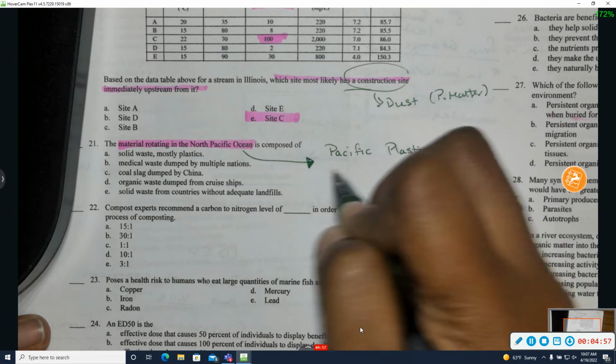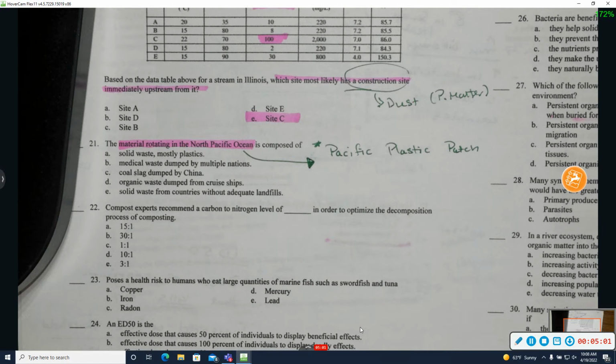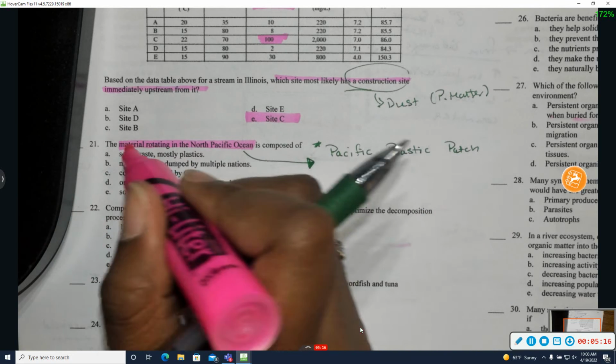I remember I told you that that is an area of the Pacific Ocean, kind of north, where there is so much plastic that it's like the size of Texas. It's so insane, there's so much plastic. And so your answer right there was solid waste, mostly plastic.